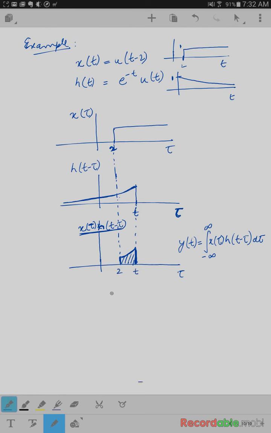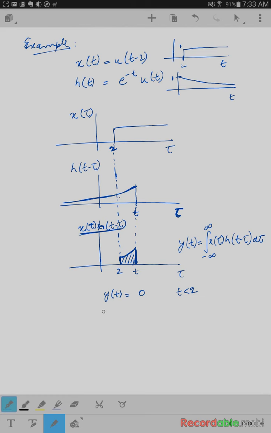So this is simply, if you write it down, y of t is 0 for t less than 2, because in that case there is no part of the region, no value of tau for which this product is non-zero.